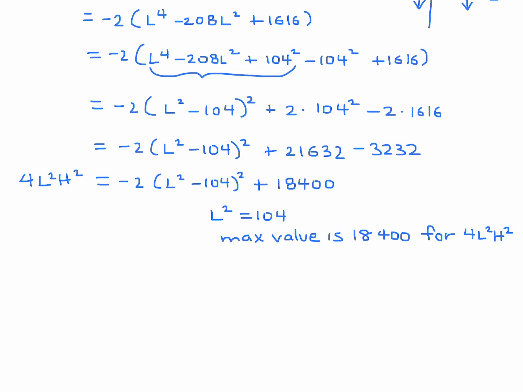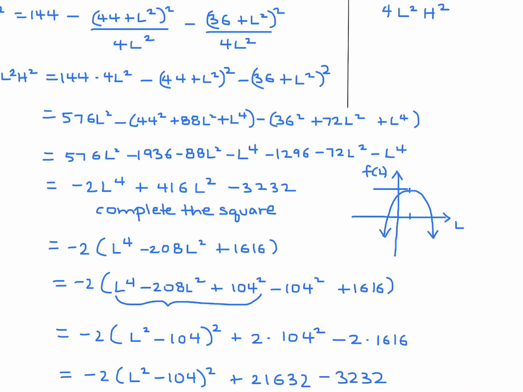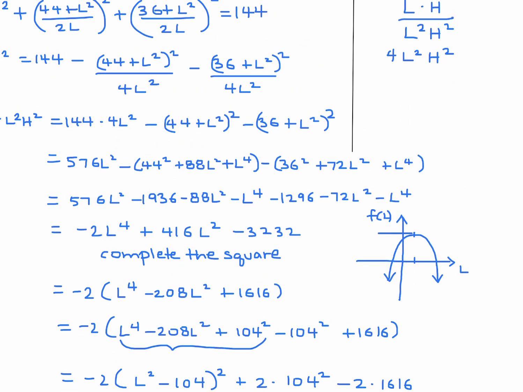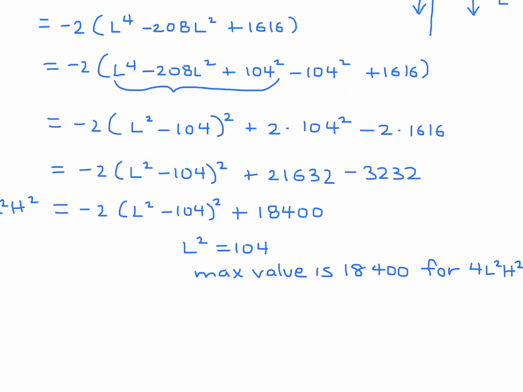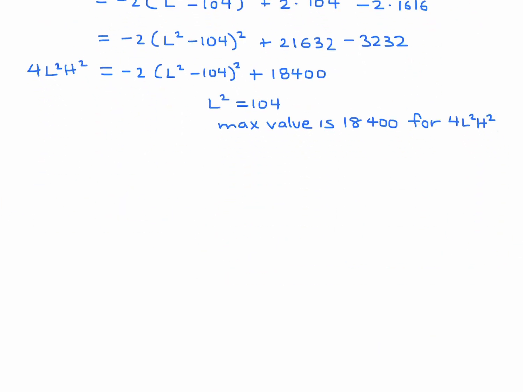So, let's figure out now what is the value of just LH, because remember we had to maximize LH. All right, so we got that 4L squared H squared has a maximum value of 18400, and that happens when L squared is equal to 104.